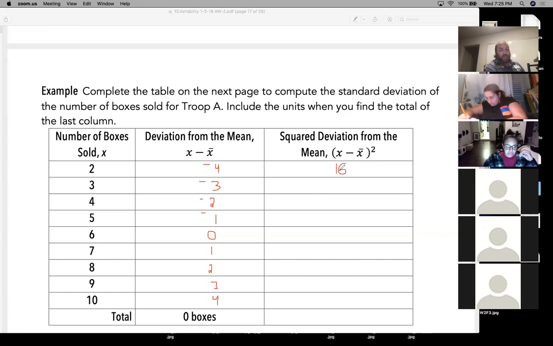Then the negative goes away. What's negative 3 squared? 9. The negative goes away. What's negative 2 squared? 4, 1, 0, 1, 4, 9, and 16. Right? You square them all. Do you agree?